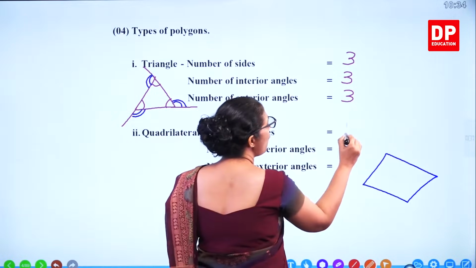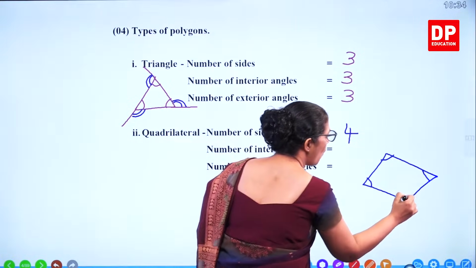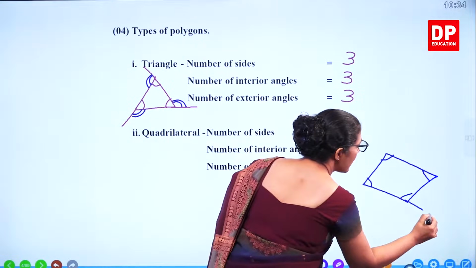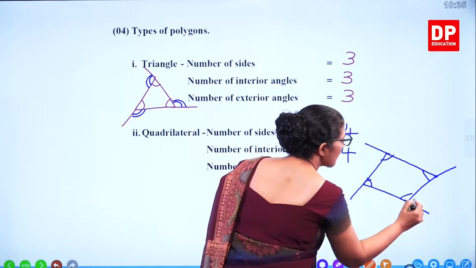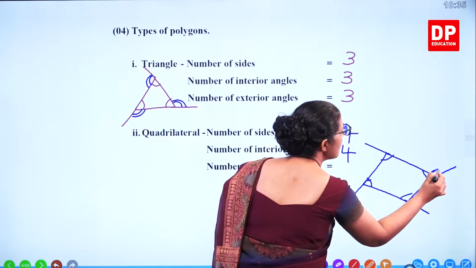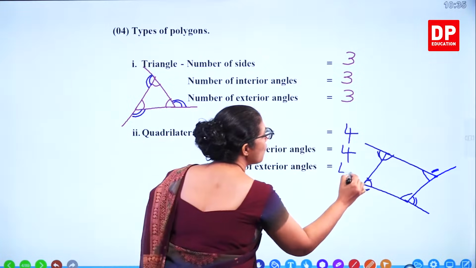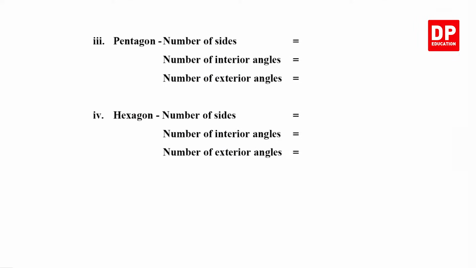If it's a quadrilateral, 4-sided figure, number of sides 4. Number of interior angles 1, 2, 3, 4. 4 interior angles, you get exterior also same number. So this one, this one, this one and this one. 4 exterior angles. If it's a pentagon, 5-sided figure.